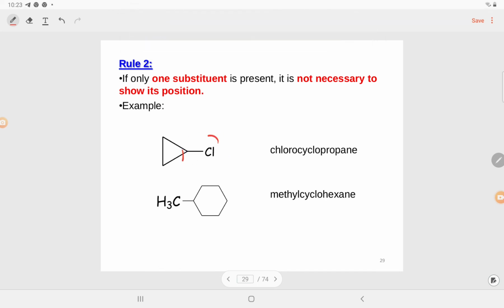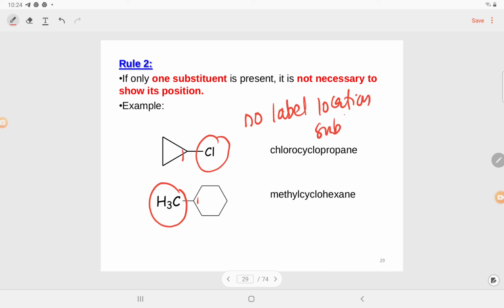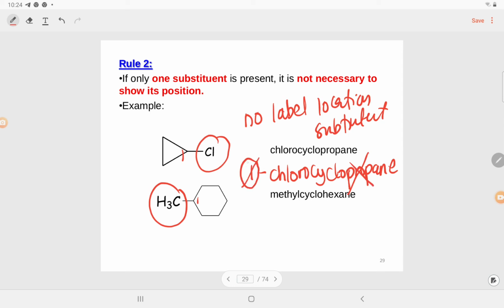But if we have only one substituent attached to the parent cyclo chain, do not label the location of the substituent. It means if you write 1-chlorocyclopropane, this answer is incorrect because numbering here is not necessary.